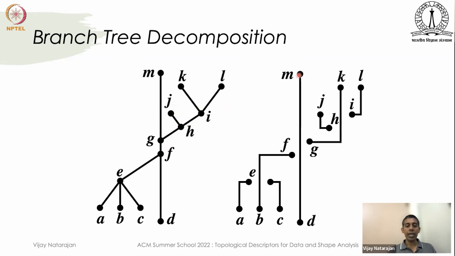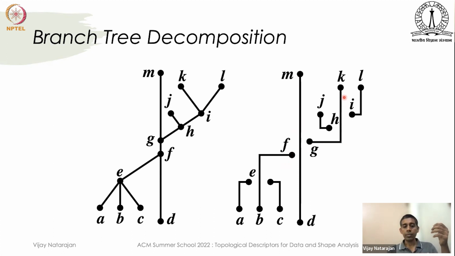The branch tree is a tree whose nodes are individual branches, right? So the root of this tree is the branch MD, right? So every branch is now a node in the branch tree. The children are child branches. So the two children of the parent branch MD are FB and GK, right?